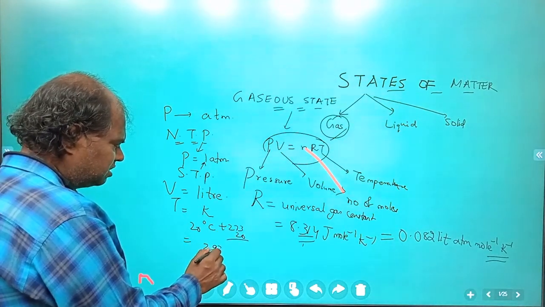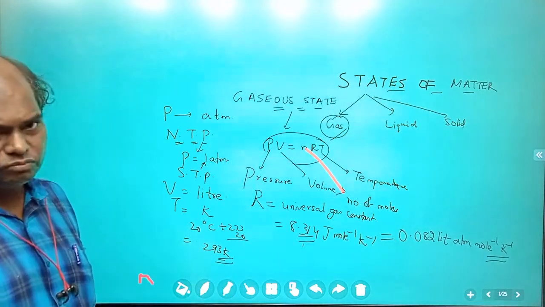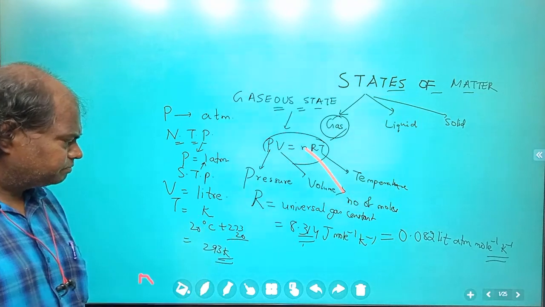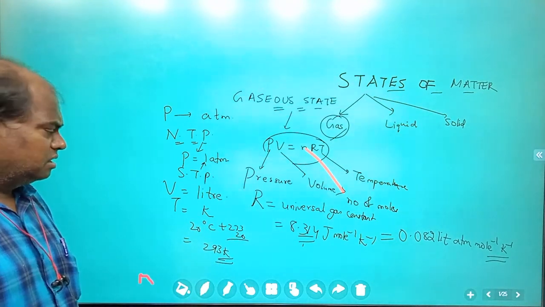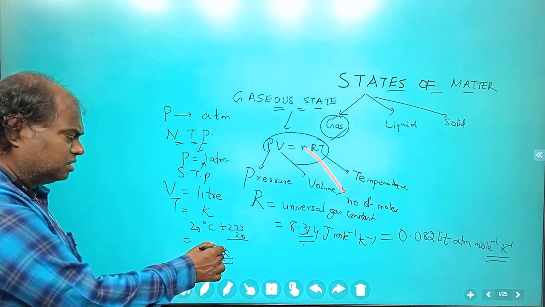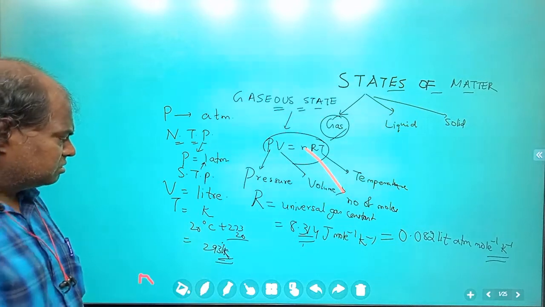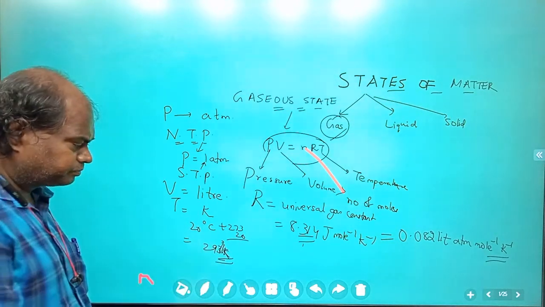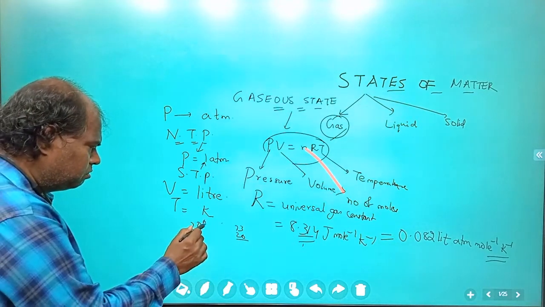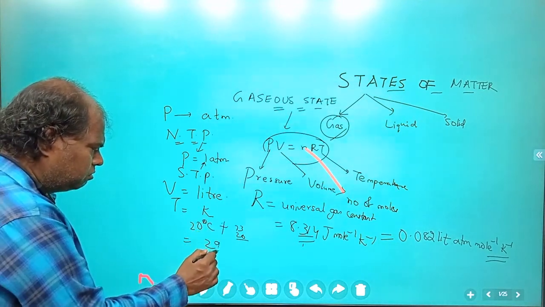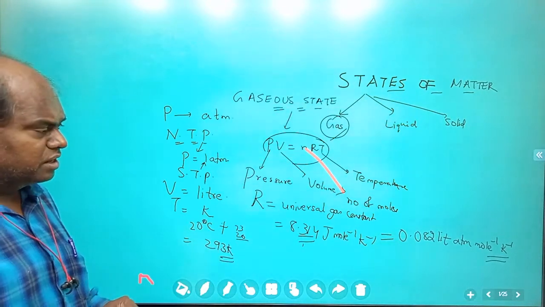So you will get 293 Kelvin. You don't have to write the degree sign, just put K there. So this is how you write temperature.